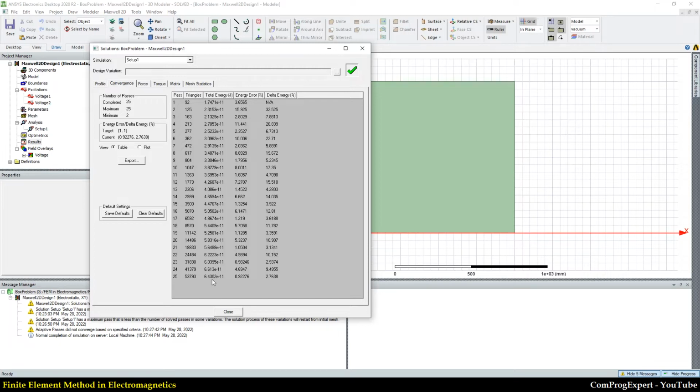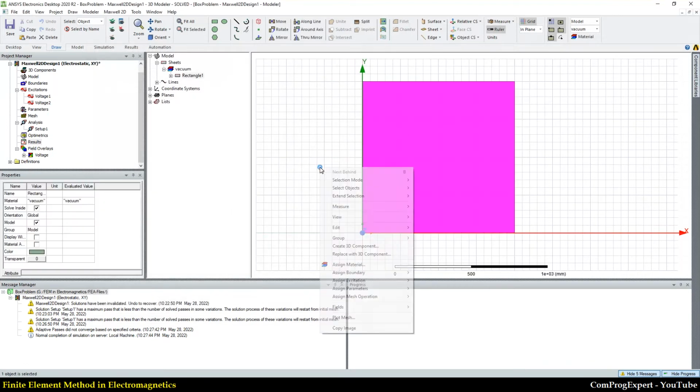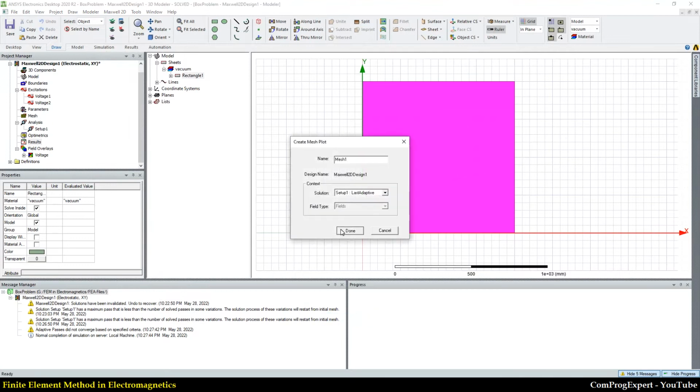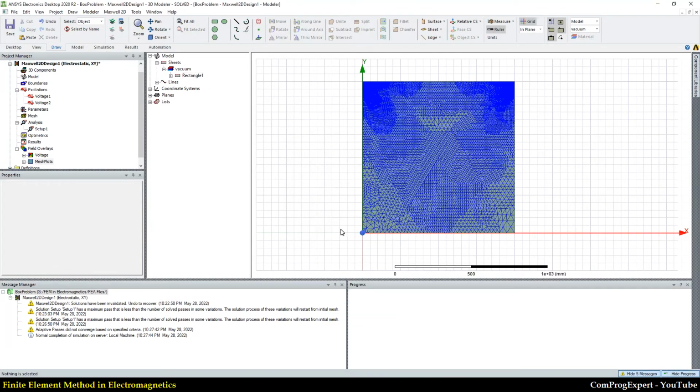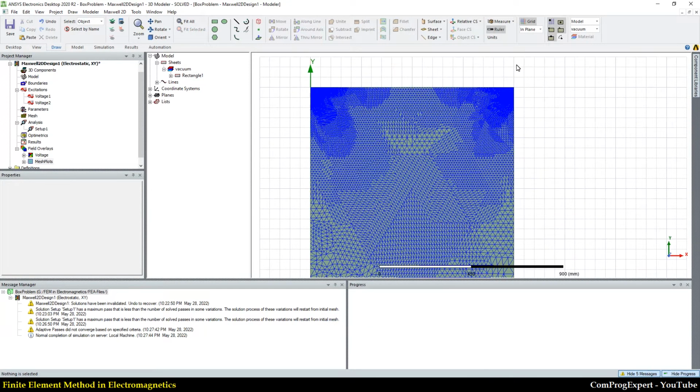Actually, this is 4 to 5 times this number, right? So why do we have this situation and why is it hard to solve this benchmark problem and converge? The reason is this.